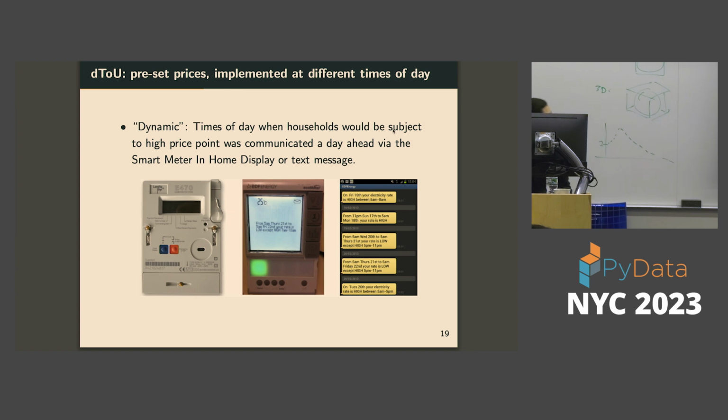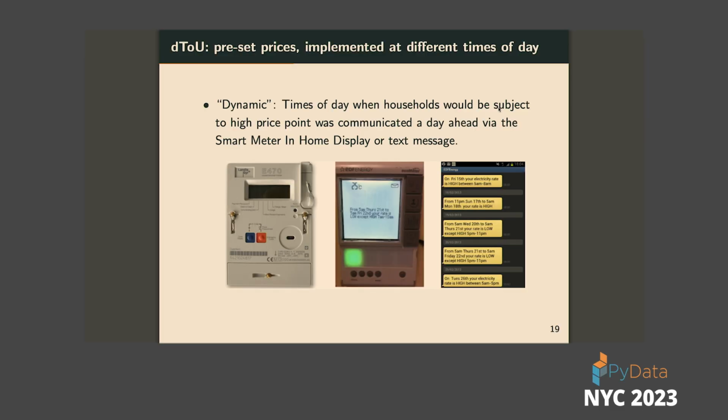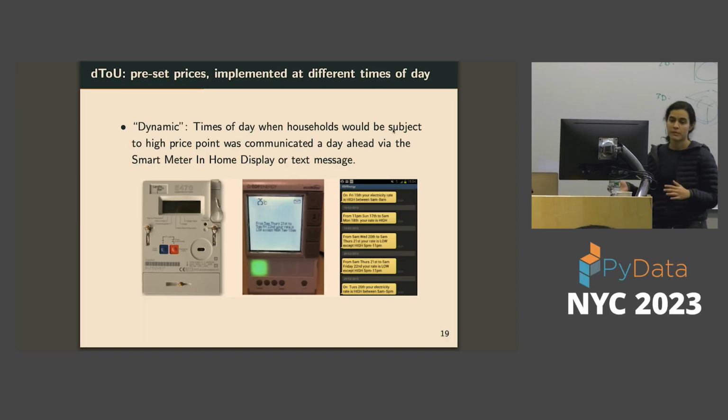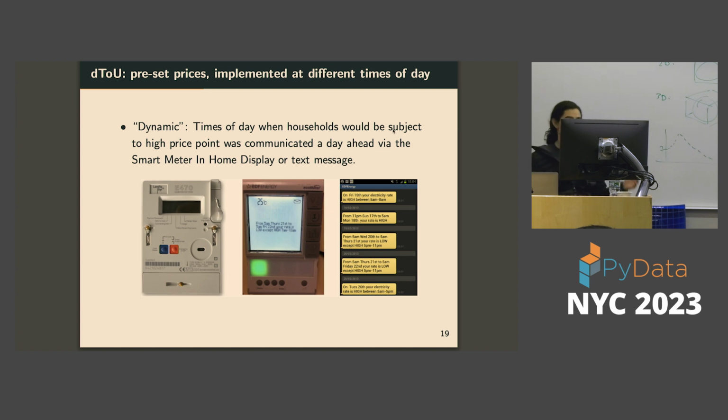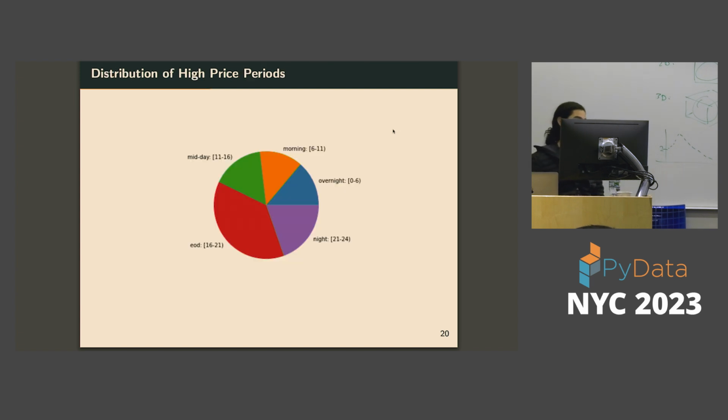One thing to look at here is the first text says on the 15th, your electricity rate will be high between 5 a.m. and 8 a.m. On the 16th, they get a text that says on the 17th, the price will be high between 11 p.m. and 5 a.m. the next day. And so this is truly trying to understand how much people are willing to shift around their demand and how price sensitive they are. They were notified a day ahead, and we want to understand their response to this dynamic high price point.